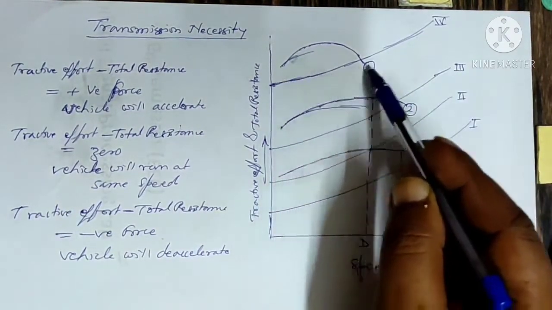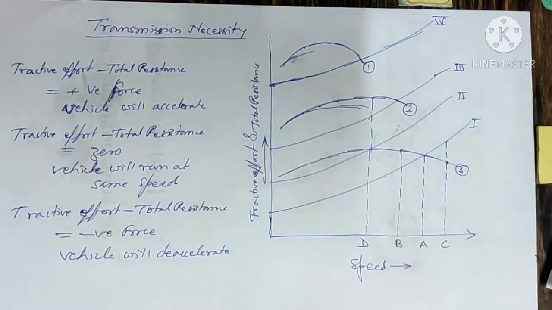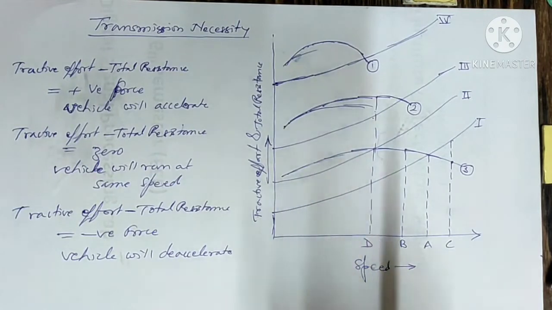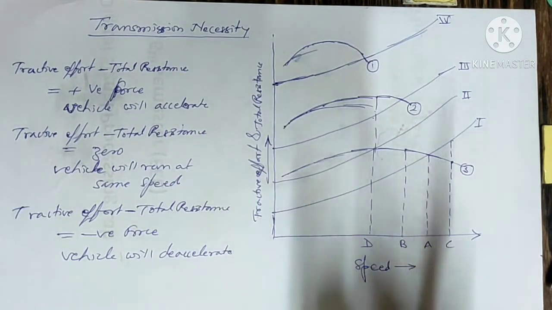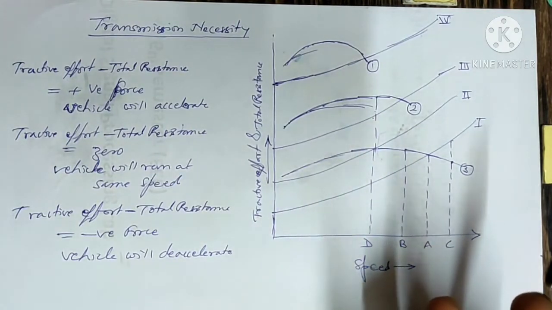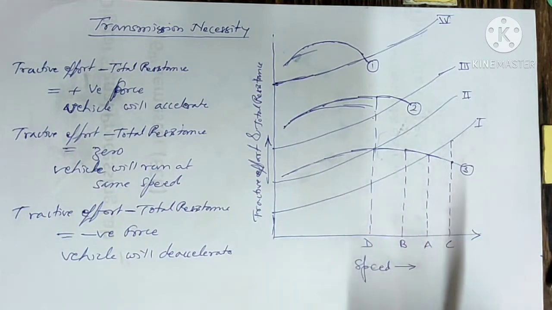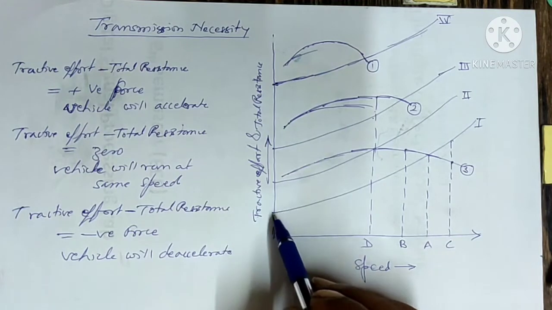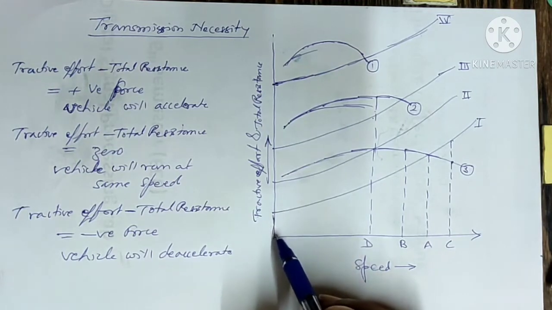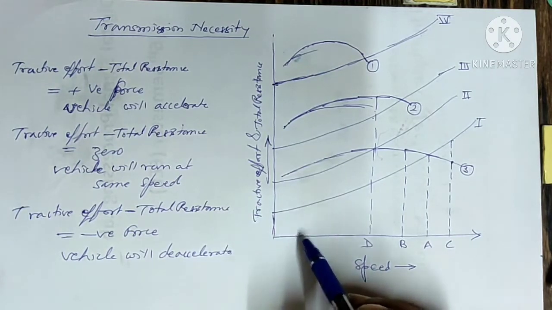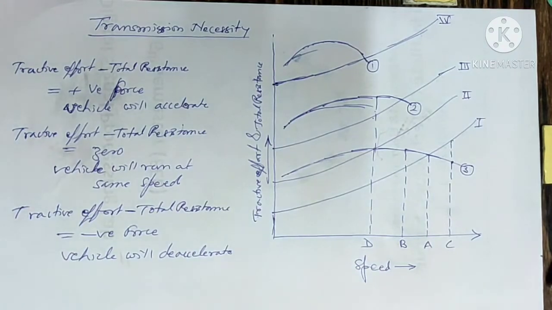Total resistance is the sum of the miscellaneous resistance, gradient resistance, and wind resistance. The wind resistance is a curve which is proportional to the square of the velocity.